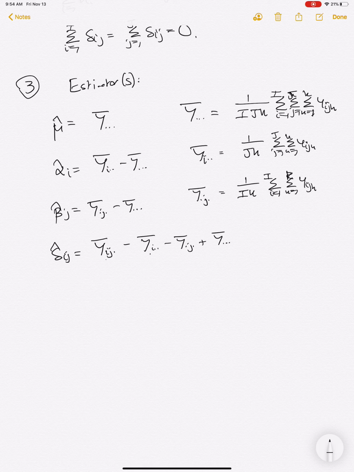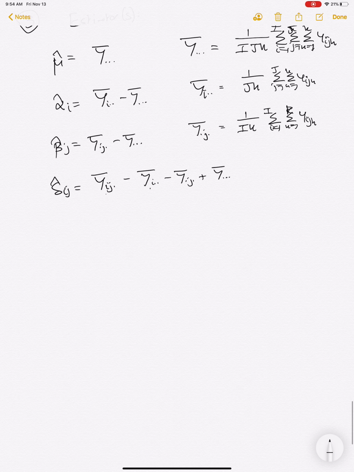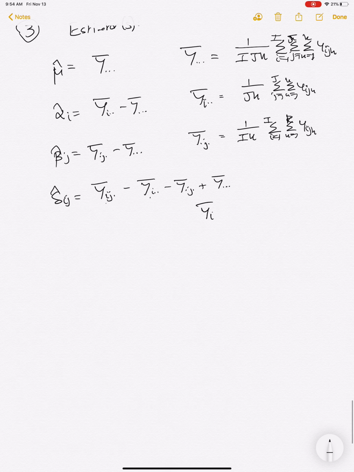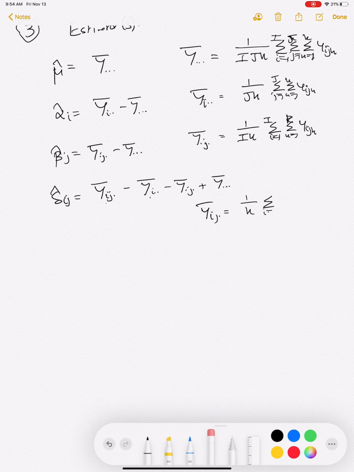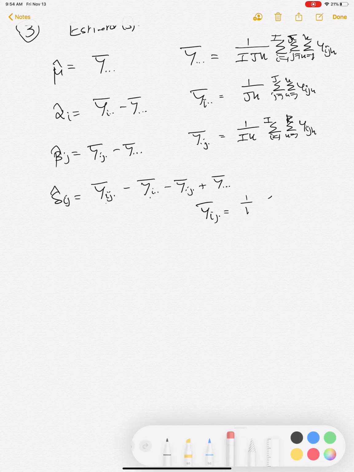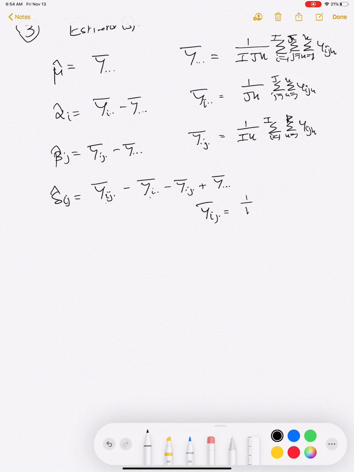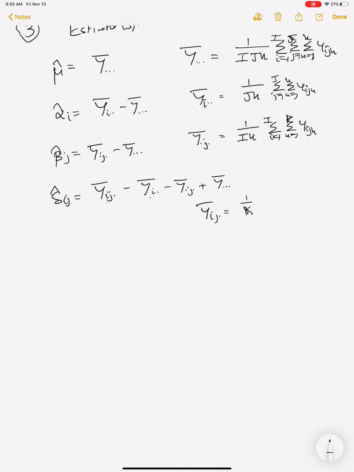So that's why you have a y bar dot dot dot, and then we have that y bar ij dot is equal to 1 over k of the sum over the replicates.